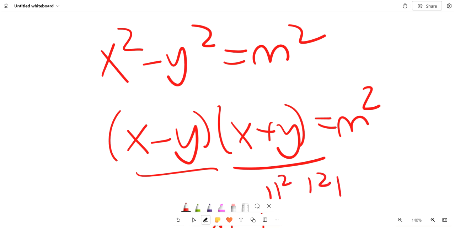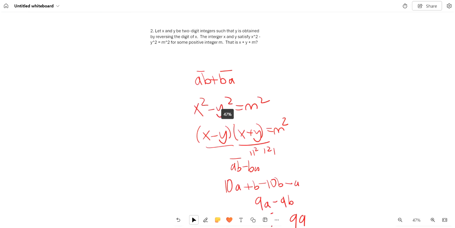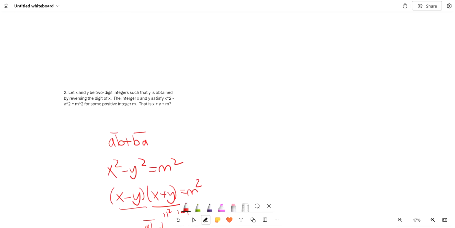So now we can start listing some possibilities for x. We know that x is greater than y, because m is a positive integer and x squared minus y squared is m squared. We need x plus y to be divisible by 11 squared.